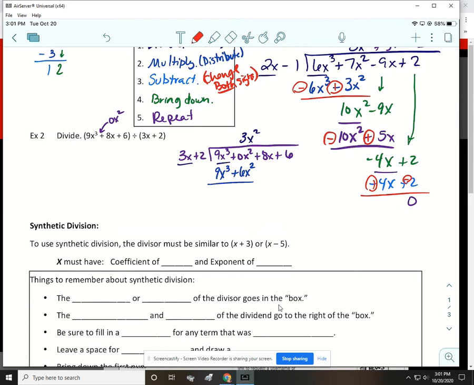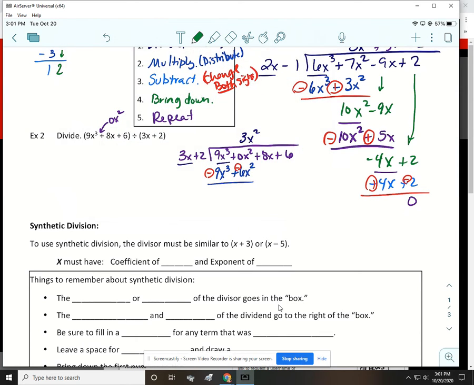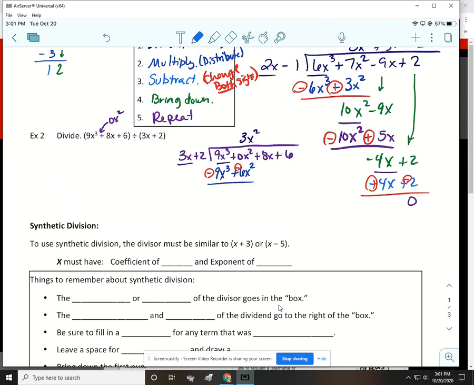All right, for the subtract step, I'm going to change both signs. All right, and then the 9x cubed becomes 0. 0 minus 6 is negative 6x squared.